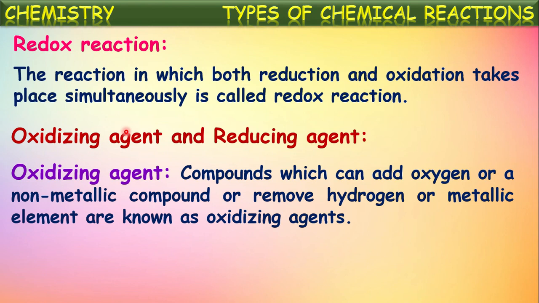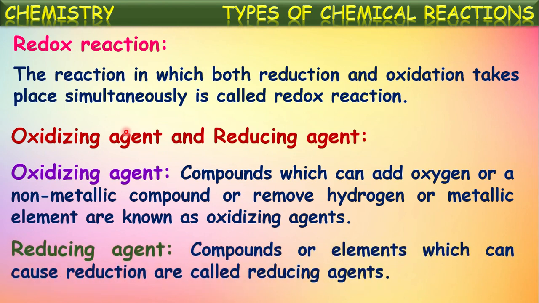In the same way, reducing agents are the compounds or elements which can cause reduction. How can they cause a reduction? This also can be told: the chemical substances which can remove oxygens or which can add hydrogens to a chemical substance so that that substance will undergo reduction.